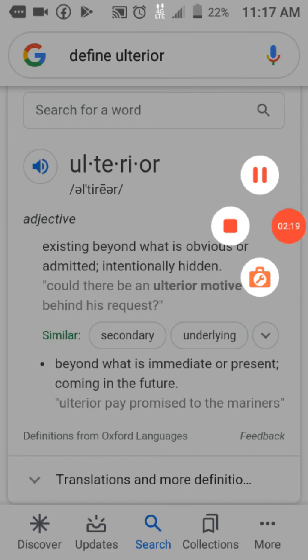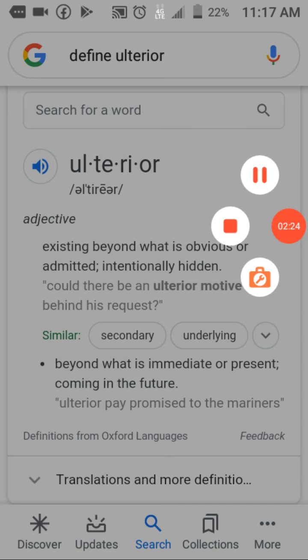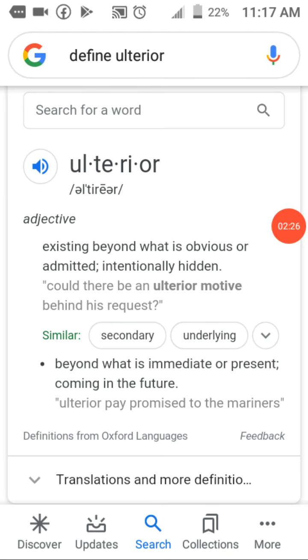what if you're accused of an illness? Is there an ulterior, something existing beyond what is obvious or admitted, or something intentionally hidden?